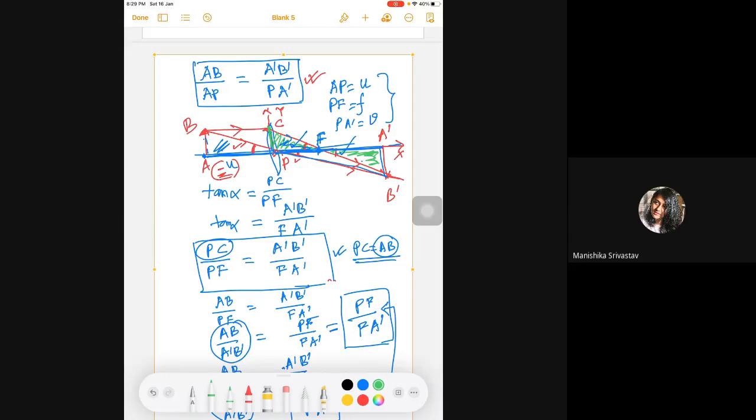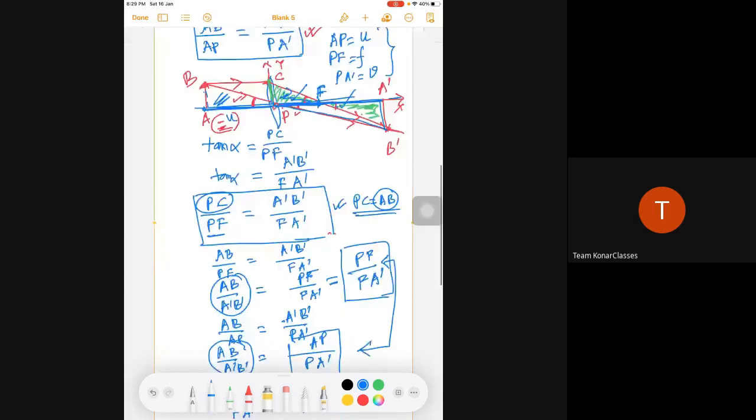So instead of PC, I am just putting AB, so it is AB by PF equal to A dash B dash by F A dash. From this to this I am coming. Got this point? Yes, sir. Got it.